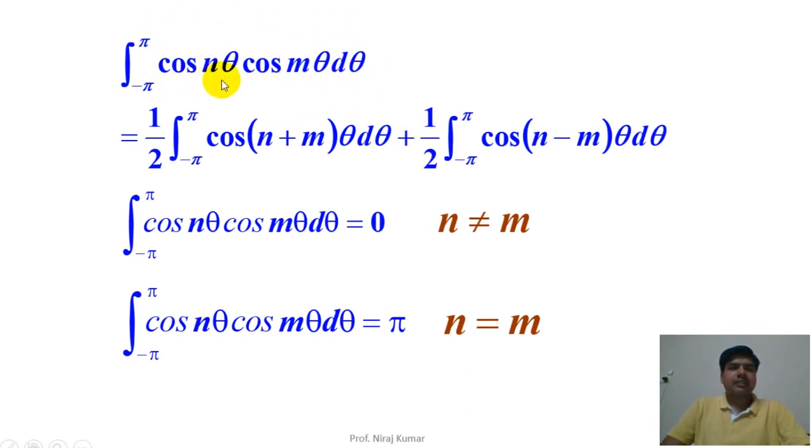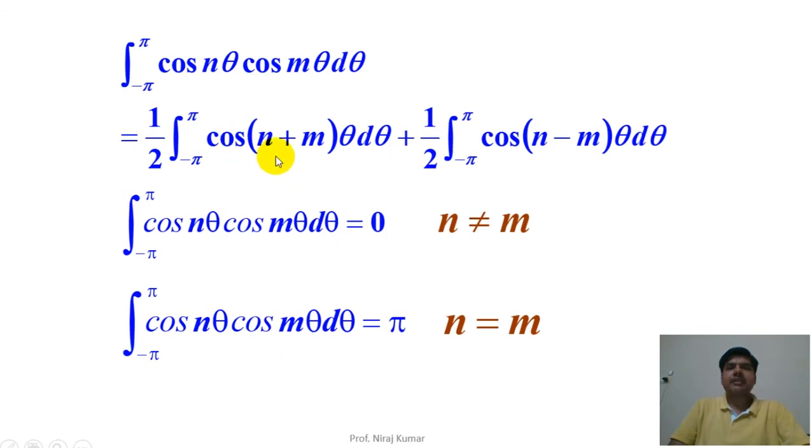The multiplication of two cos functions we can expand in terms of summation as cos (n plus m) theta d theta and cos (n minus m) theta d theta. As we know, for any positive value of n plus m here, this total integration will become 0.